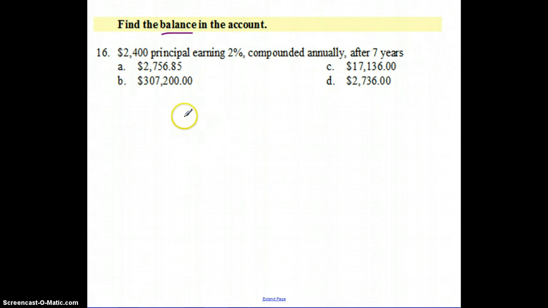Now, in order to be able to use this, we are actually going to use that generic exponent formula that we've been doing. Now, in our problem, it tells us that our beginning amount is $2,400 and that you earn 2% interest.